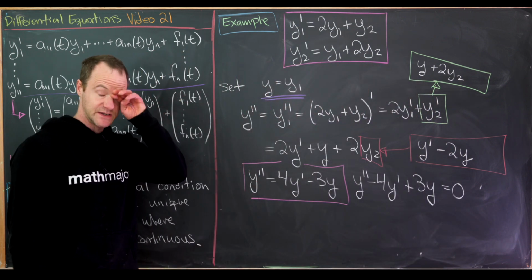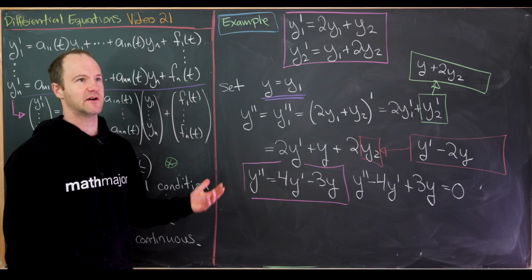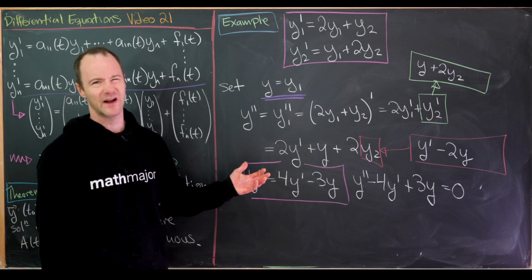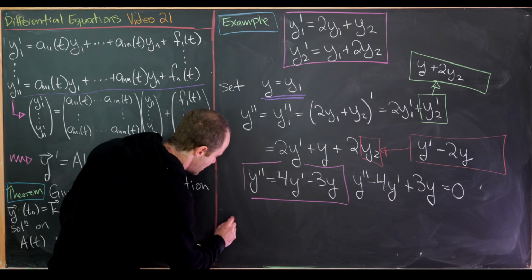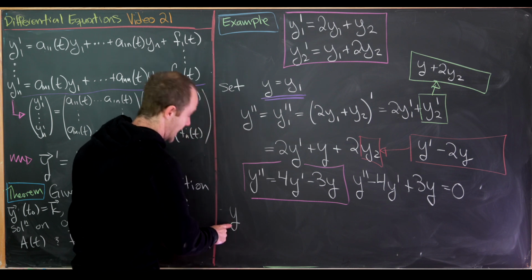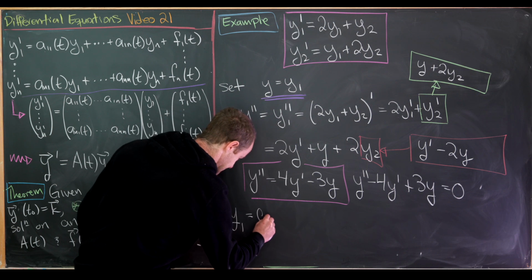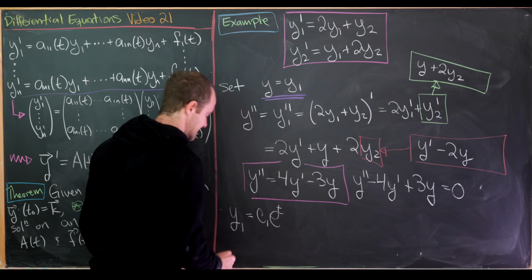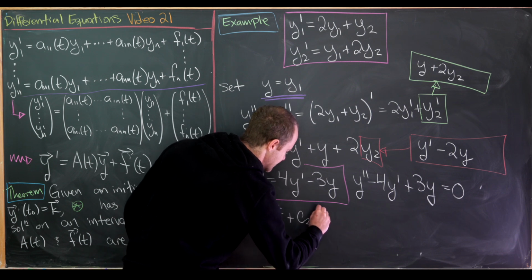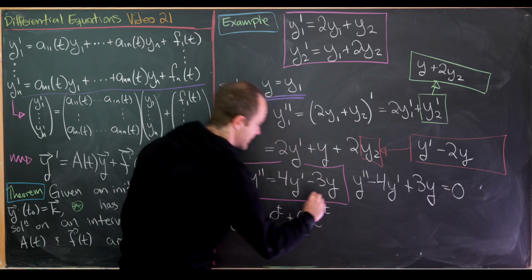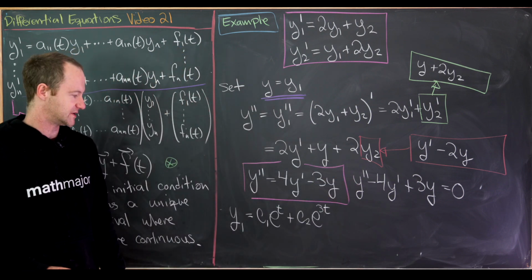And in fact, what we can do here is just go ahead and write the solution down based off of our solution techniques before by finding the roots of a certain polynomial. I won't go through those details. But what we'll end up with is y, which is the same thing as y1, equals some constant c1 times e to the t, plus some constant c2 times e to the 3t. And that's because the roots of the corresponding polynomial here are 1 and 3.